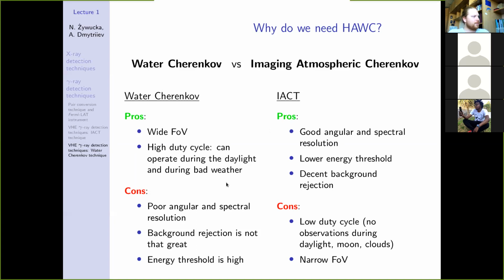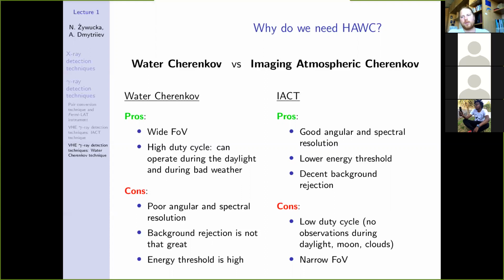And the disadvantages. I already mentioned a couple of them, but let's point them out again. Very poor angular and spectral resolution, because you cannot really reconstruct the arrival direction well, due to particularities of the technique.